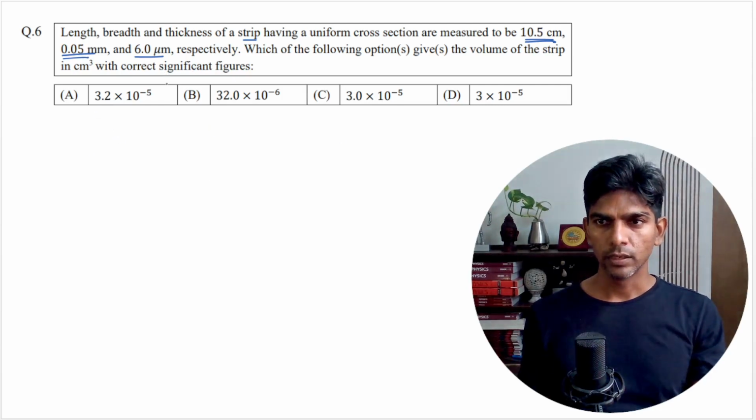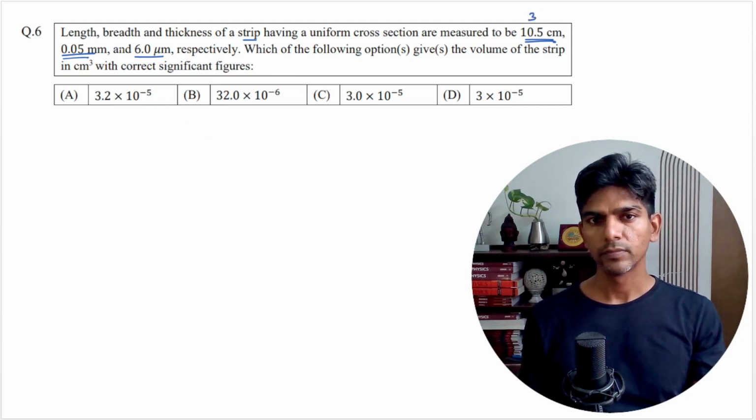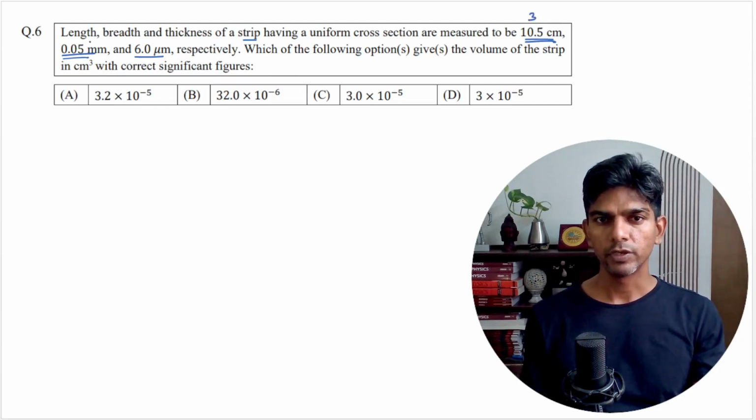Right, so if you look at the significant figures, in length it will be 3, in breadth it will be 1, and in thickness it will be 2.